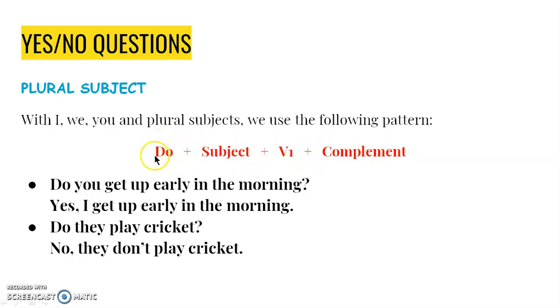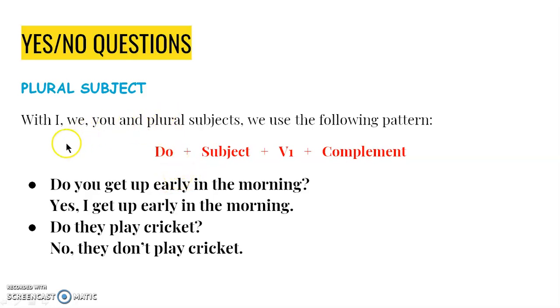In the negative statements, children, I told you that when you make a positive statement negative, you have to take help of the auxiliary or helping verb do or does. So in case of making questions also, you have to take help of do and does. Alright.